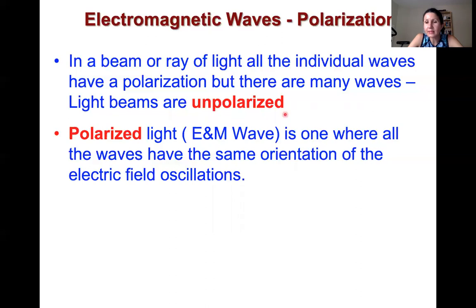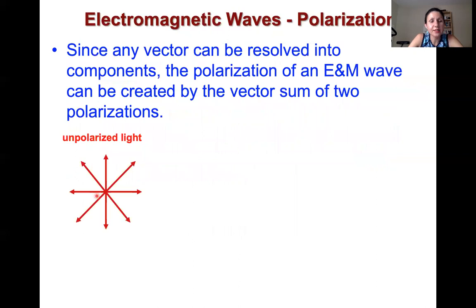Why is it unpolarized? Because the polarizations of the individual waves don't all line up in one direction. Polarized light is one where all the waves have the same orientation of the electric field oscillations. So here's an example of unpolarized light. It's all superimposed, and imagine this is the direction of your polarization plane. So this one is in the Y direction, this is in the X, and so on.